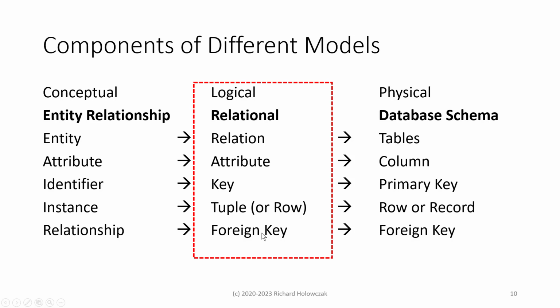It's important to keep this vocabulary consistent. If you're talking about entity relationship modeling, you should use terms like entity, attribute, identifier, instance, and relationship. Once we go over to the relational model, we're going to talk about relations, attributes, keys, foreign keys, and tuples.